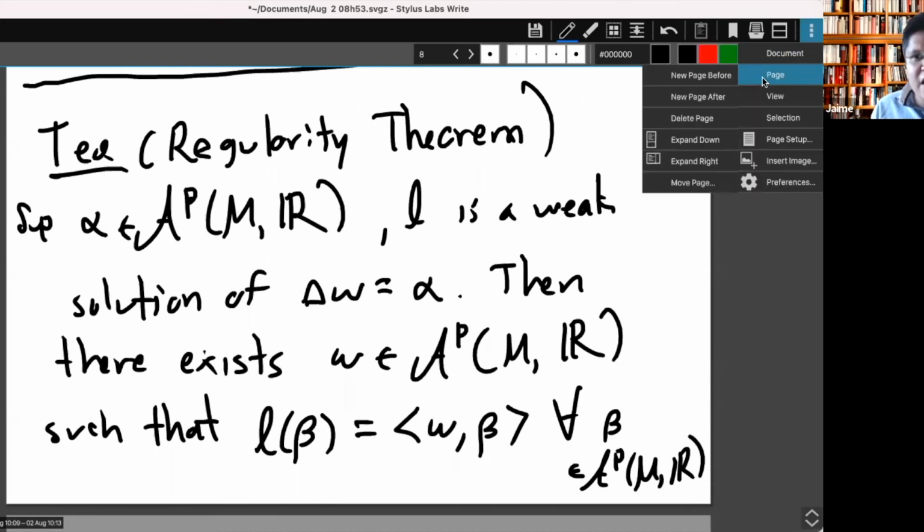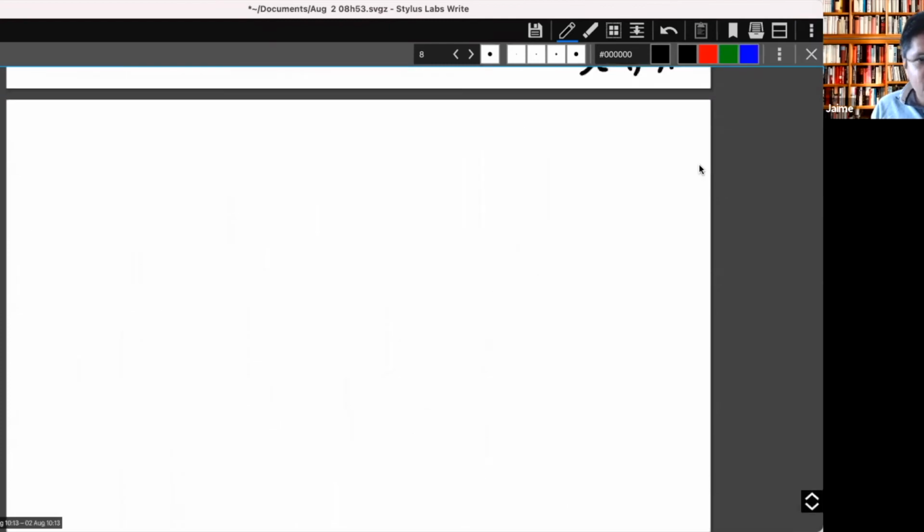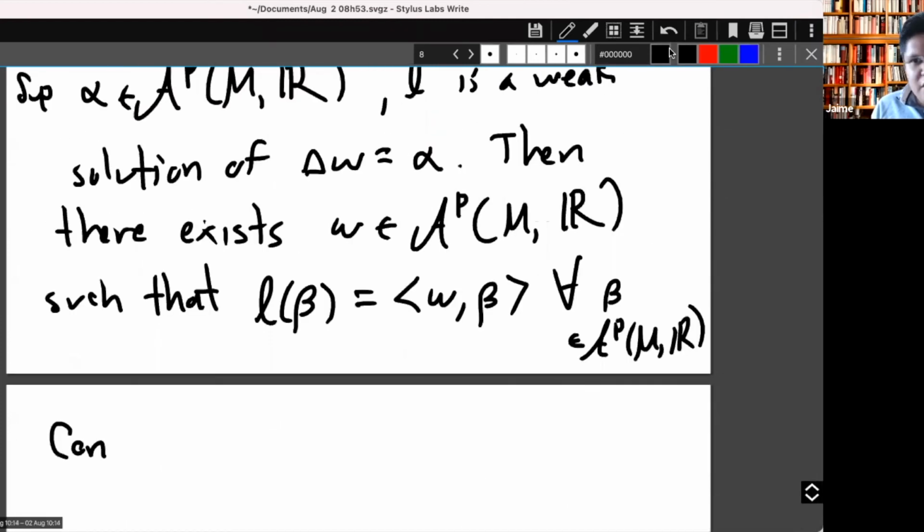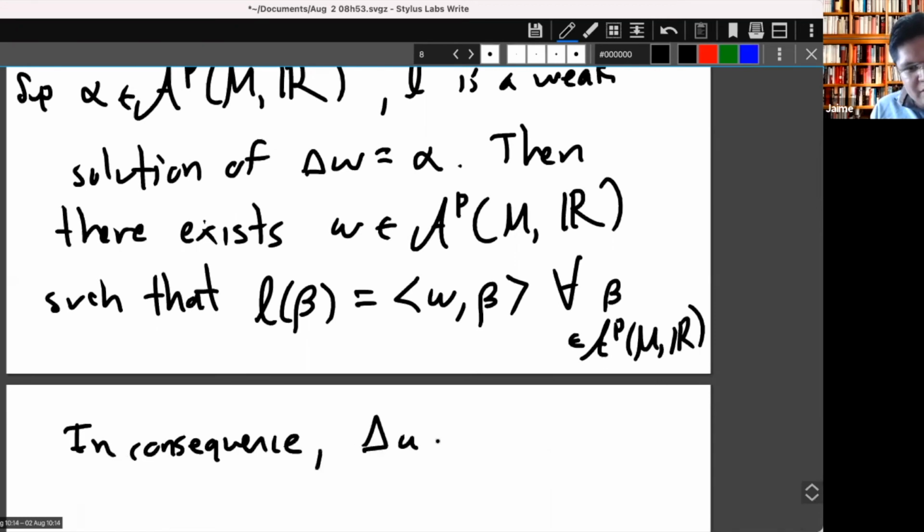And as I showed above, in consequence, that omega gives you a solution to the Laplacian equation, right?